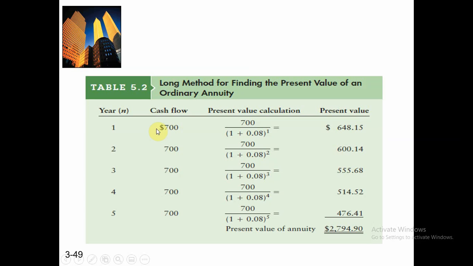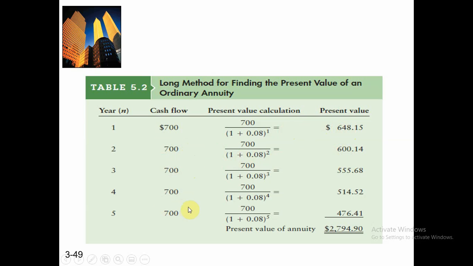Here are the slides through which we can learn how to convert the future value into present value. The formula is PV equals FV divided by 1 plus I to the power n. So in the first year your FV is 700, 1 plus I is 1.08. After the first year your present value will be converted into 648, and the second payment, if we convert this 700 into present value, will be about 600, and so on.